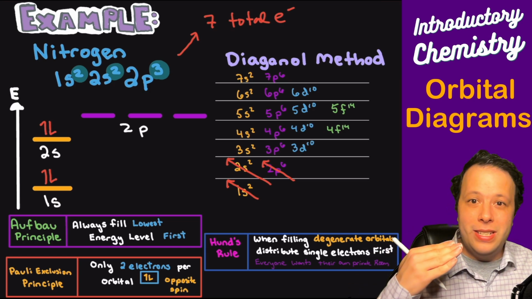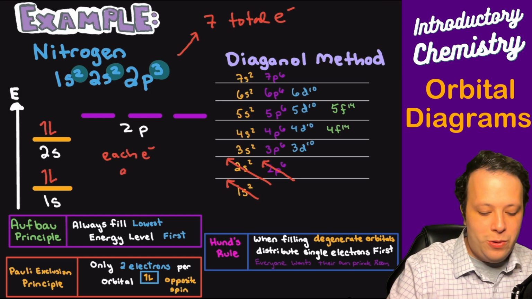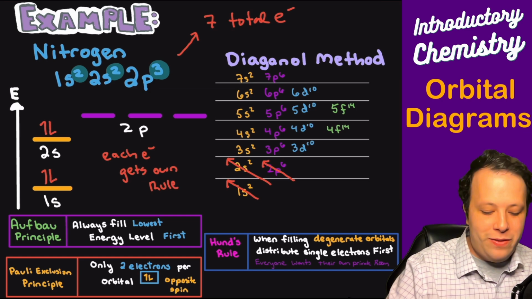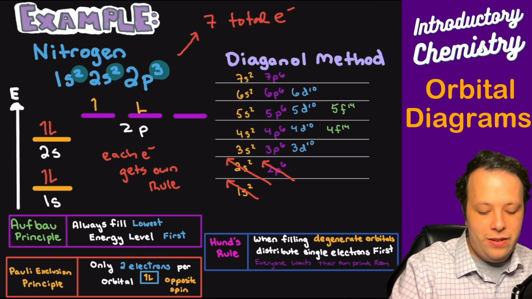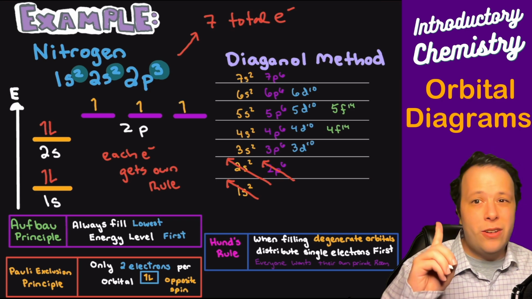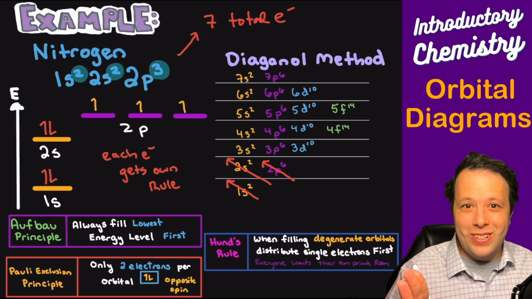So each electron gets its own room. Since you have 3 rooms available, why not put an electron in each one first? And when we do this, they all point in the same direction, either all up or all down. You choose as the artist, but they all have to point in the same direction.